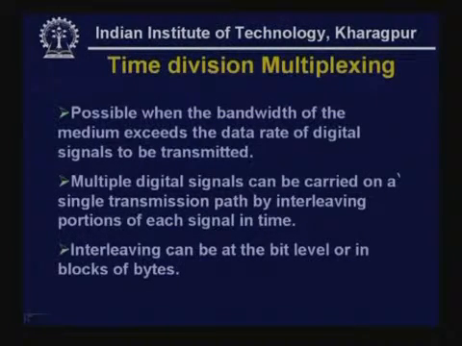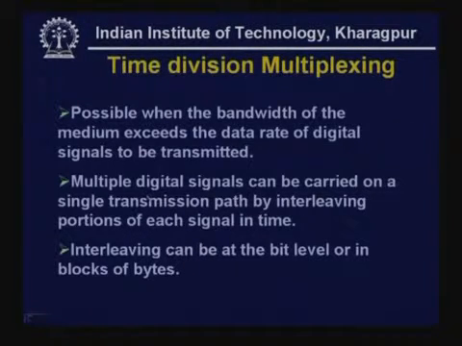Time division multiplexing is possible when the bandwidth of the medium exceeds the data rate of the digital signals to be transmitted. The possibility arises for the same reason as frequency division multiplexing. However, it is done in a different way.